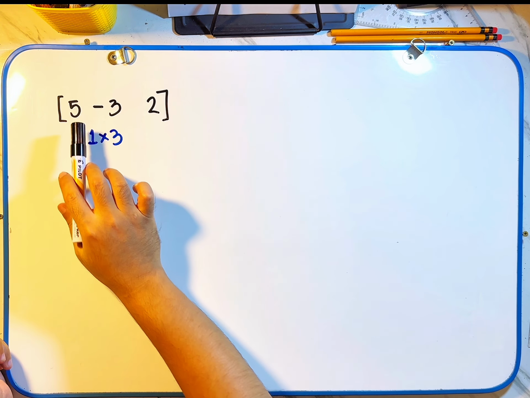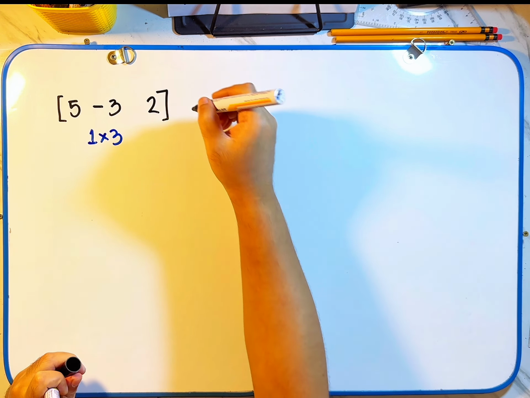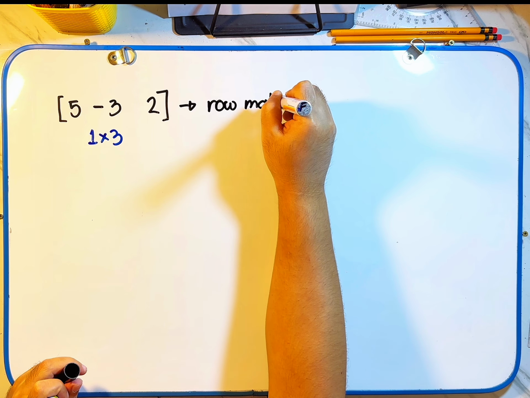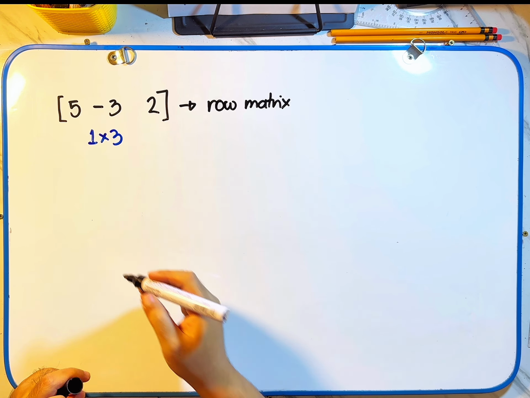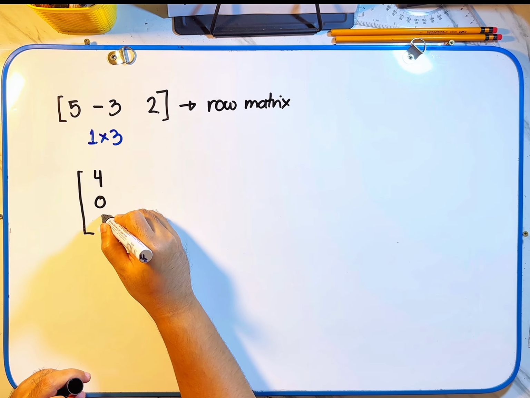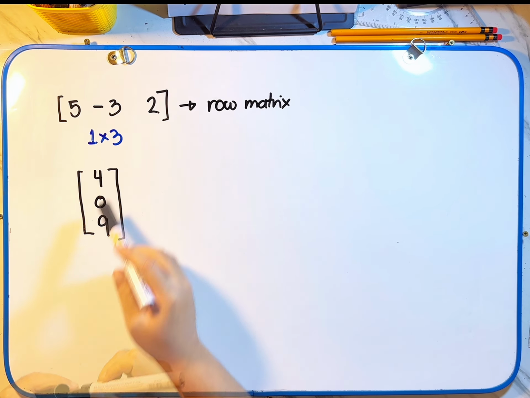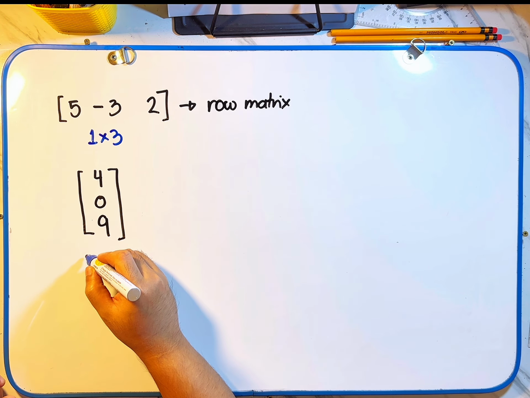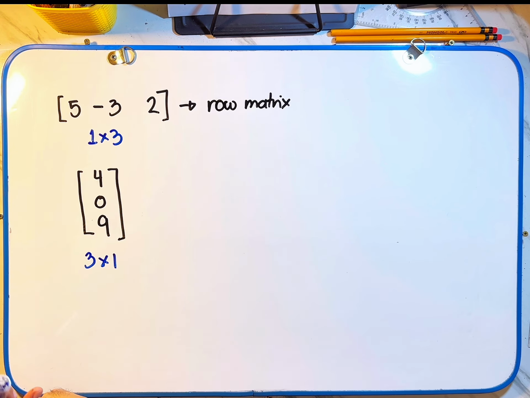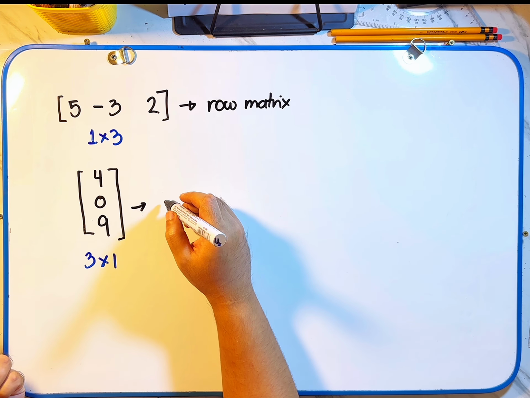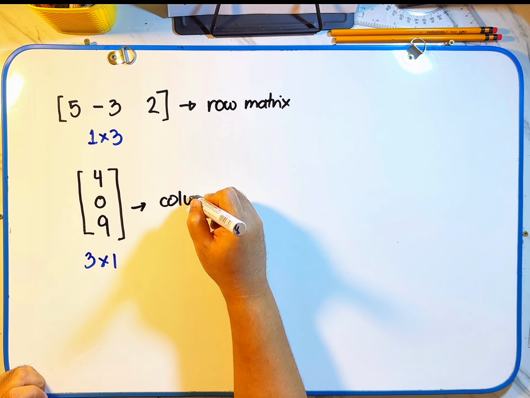And as you can see, since we only have one row or a single row, this is classified as a row matrix. Okay? How about this one? Let's say we have 4, 0, 9. This time we have three rows, but only a single column. So the dimension or the order of this matrix is 3 by 1. And since we only have a single column, this can be classified as a column matrix.